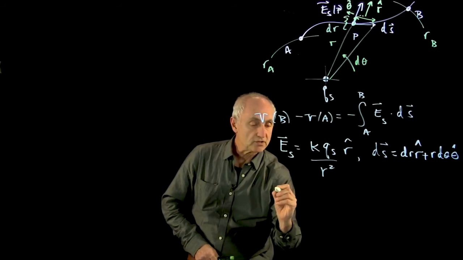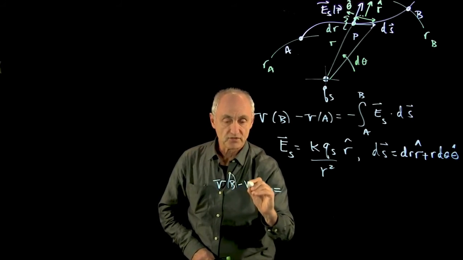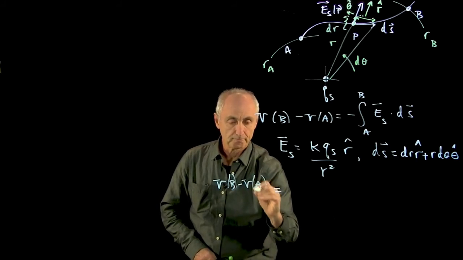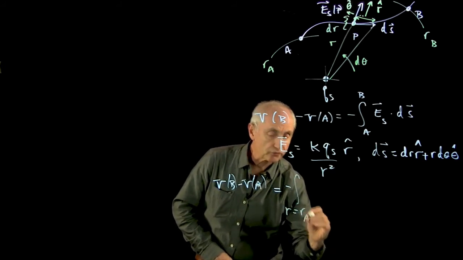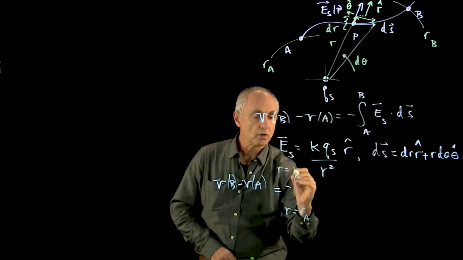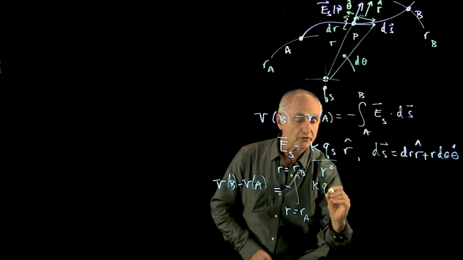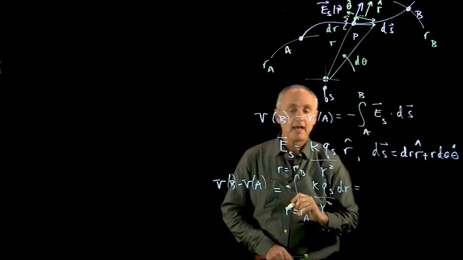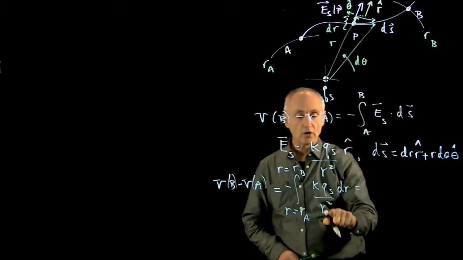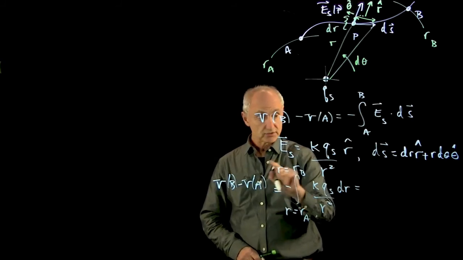And what we get here is VB minus VA is the integral as our variable r goes from RA to RB. This dot product is KQS over r squared dr. And now this integral of dr over r squared is minus 1 over r, so there's two minus signs.